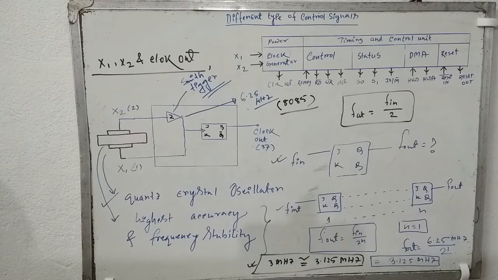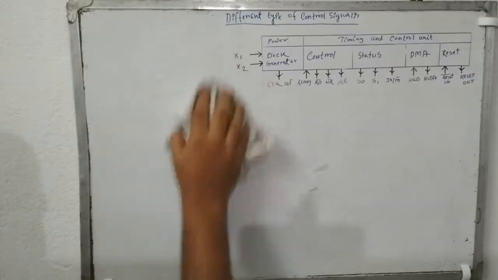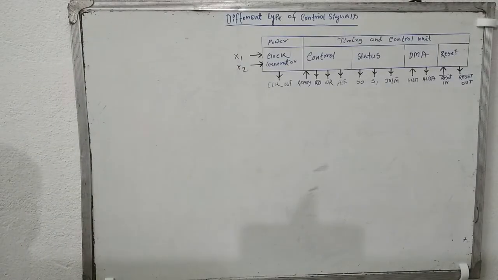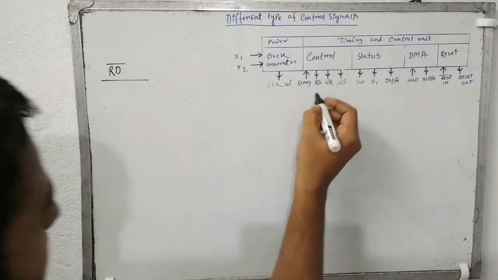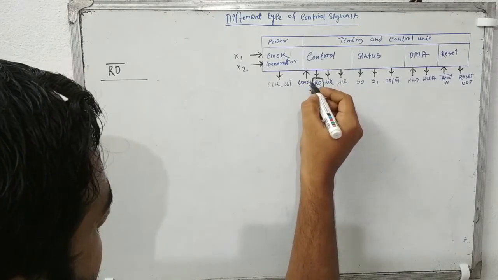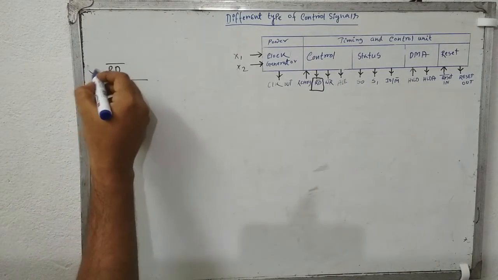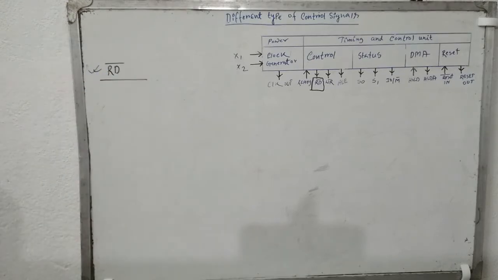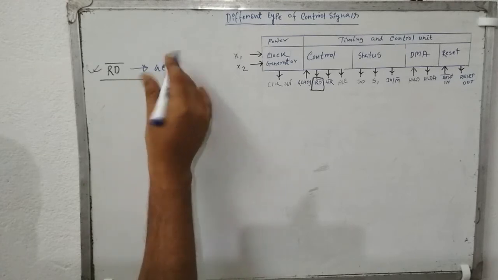So in our next control pin, let me erase this whole thing first. Our next control pin is read bar, as you can see over here, the read signal. This hardware pin is active at low.